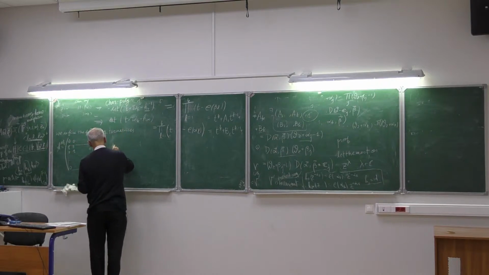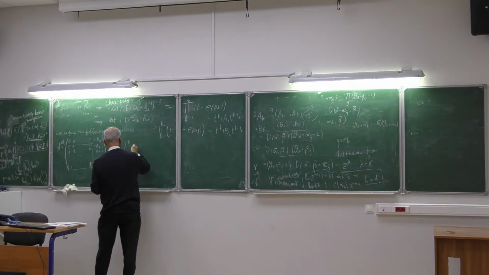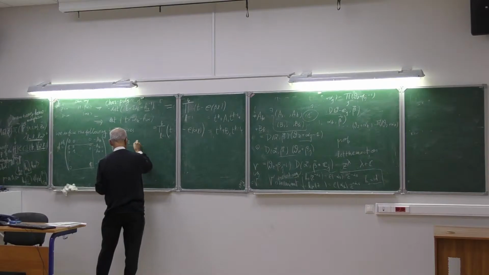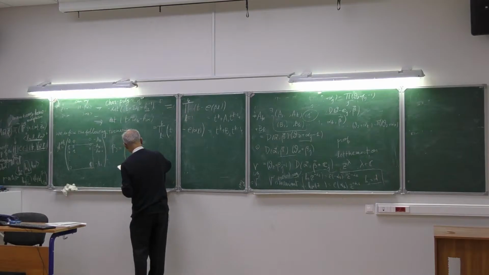And the second one is the same situation. Identity of k minus 1 here. And the last column will be given by this.